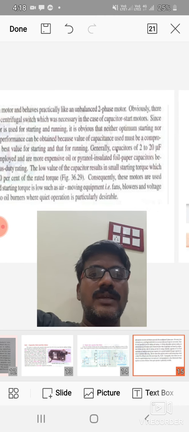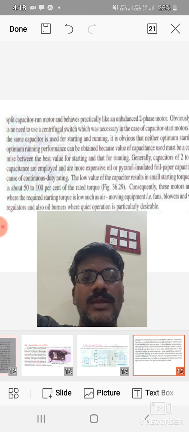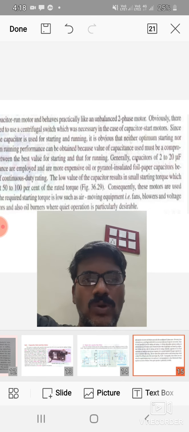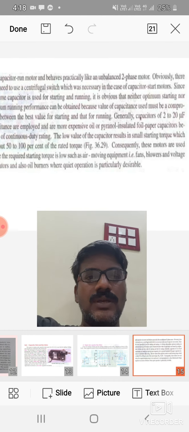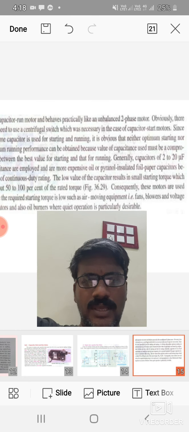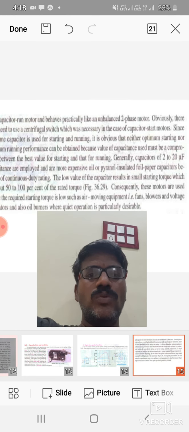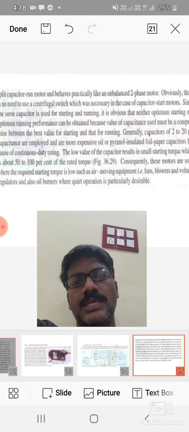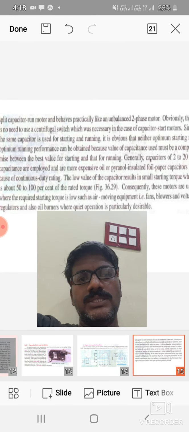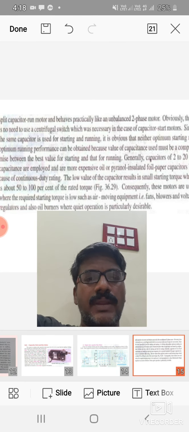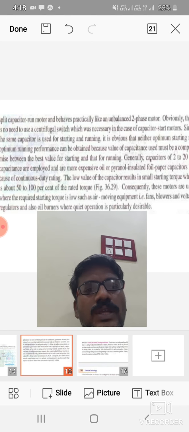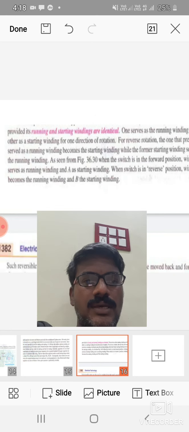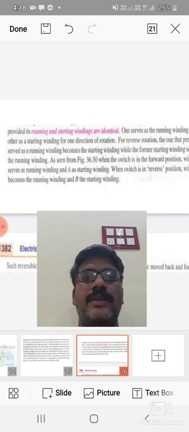So consequently, these motors are used where the required starting torque is low, such as air moving equipment, where we require very noiseless operation: fans, blowers, voltage regulators, and also oil burners, where quiet operation is practically desirable. So that is where we use this single value capacitor type.